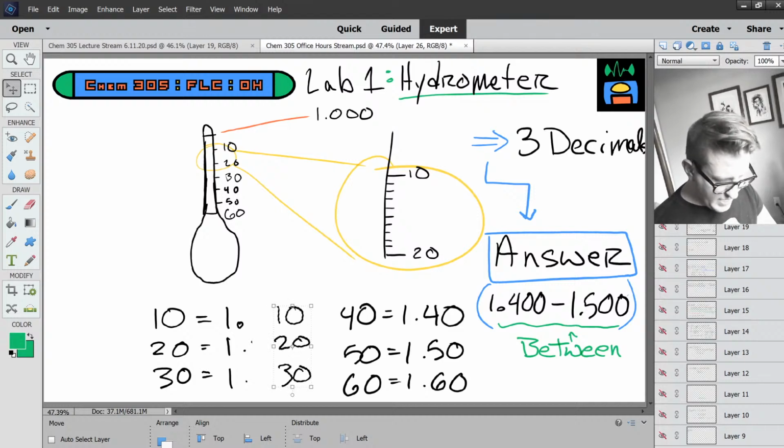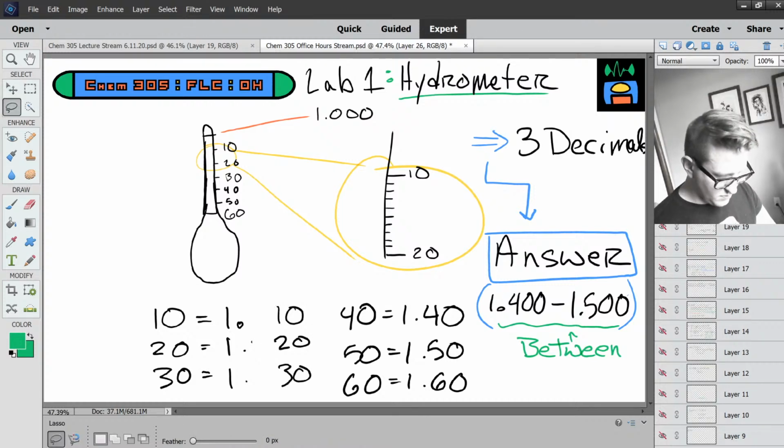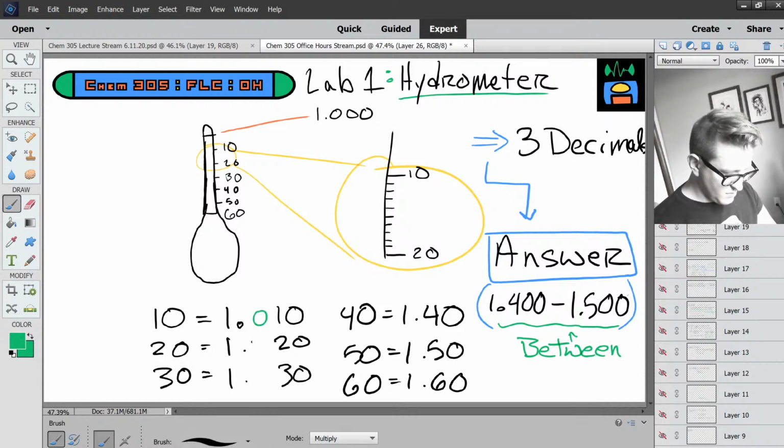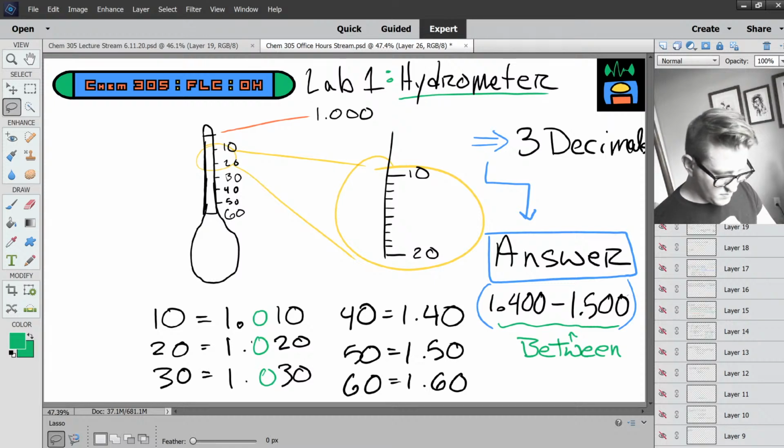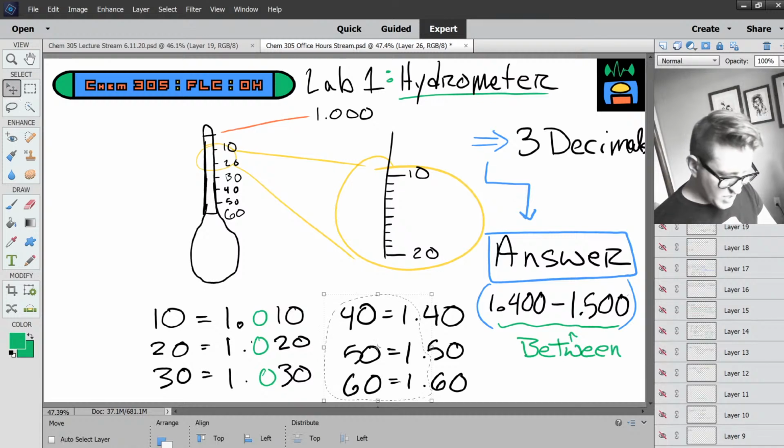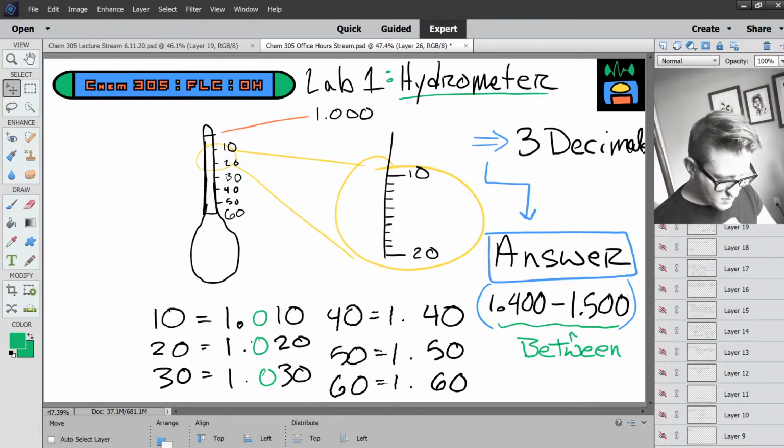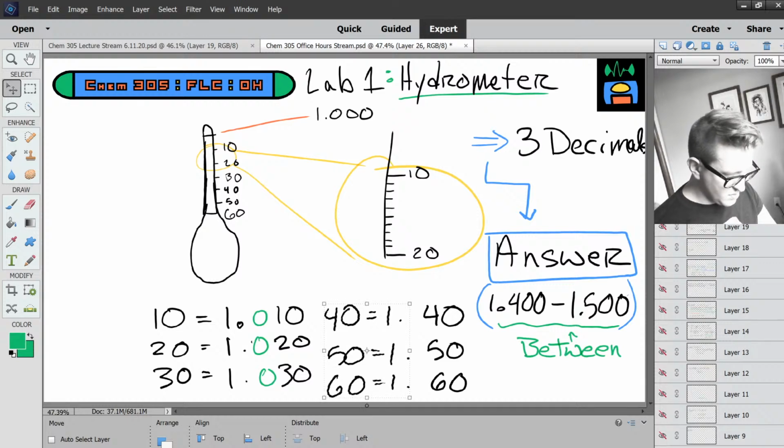All of these should be, we should have the zeros in here.